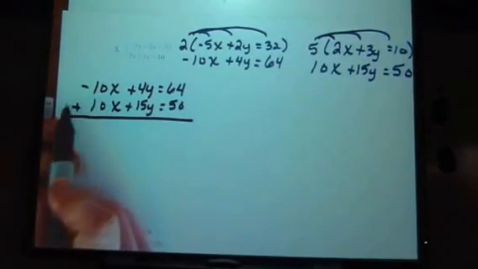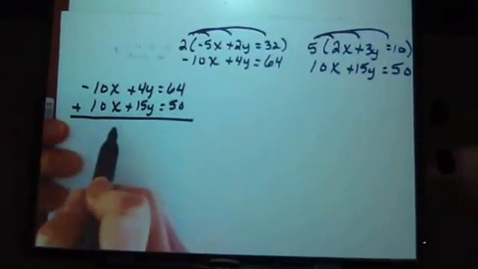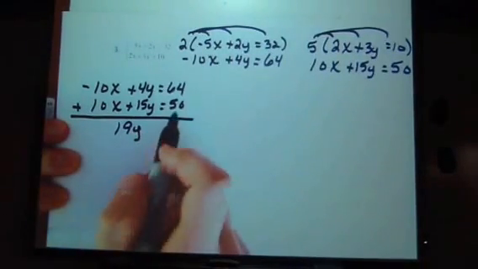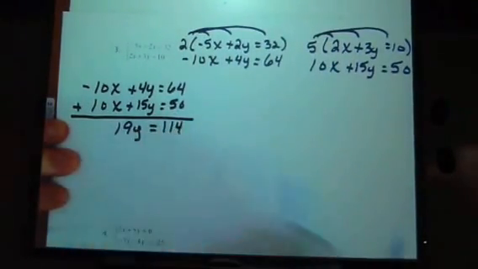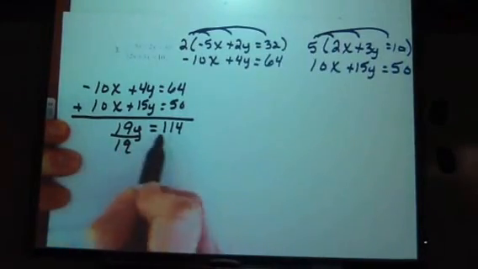So the negative 10 and the positive 10 cancels out. So I have 19y equals 114. Solve this one-step equation.